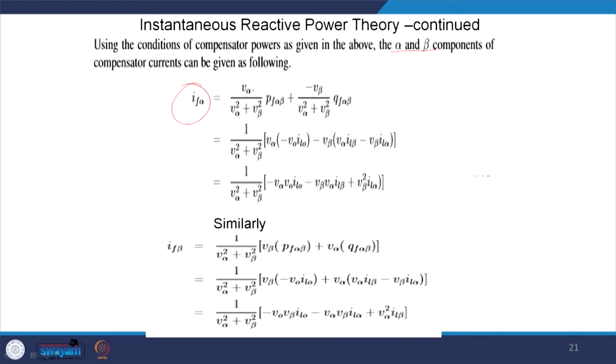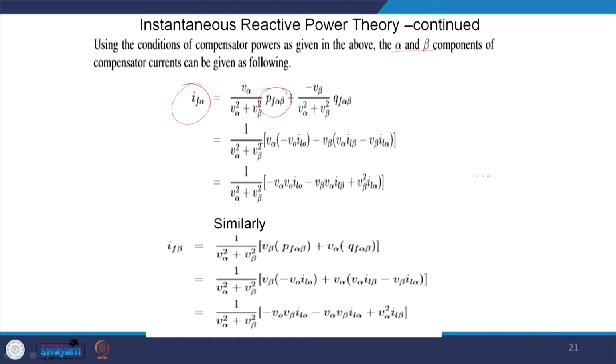So, it is V alpha plus this denominator, that is the common determinant: V alpha square plus V beta square, into the power of this alpha beta frame of this shunt active power filter and Q B.